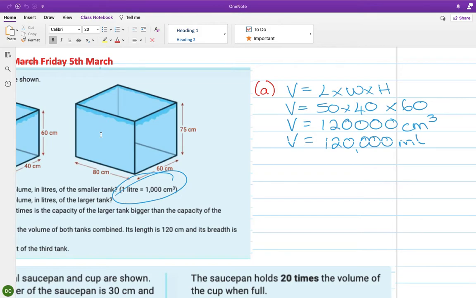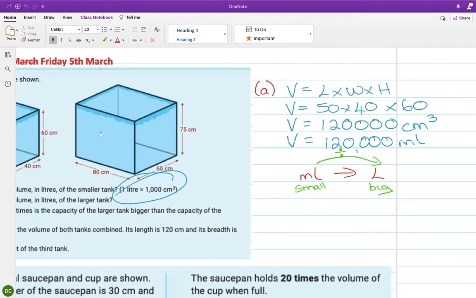Okay, so we're going to convert from milliliters into liters. So that conversion is going from a small unit, milliliters are tiny, to a big unit, like a litre of milk type size. So that means we divide, because we're going from small to big. And then how many milliliters?